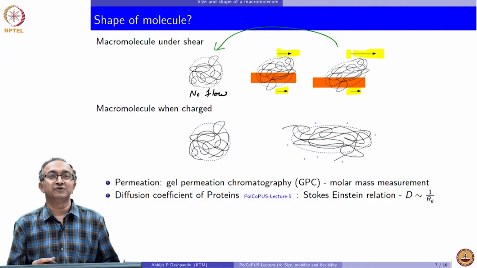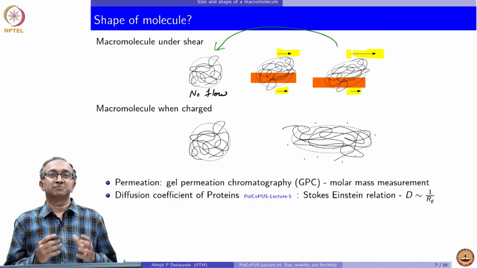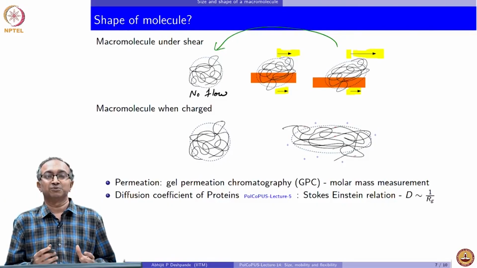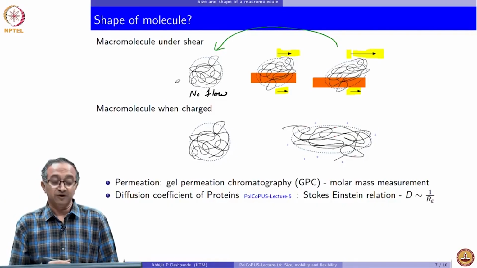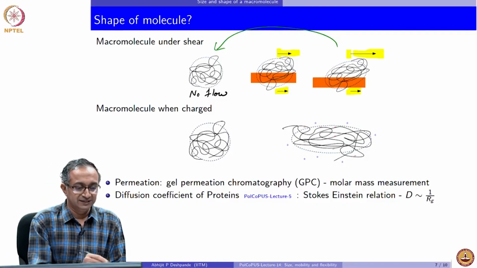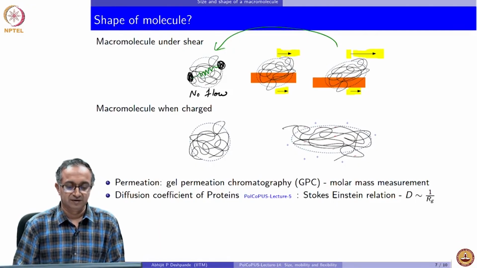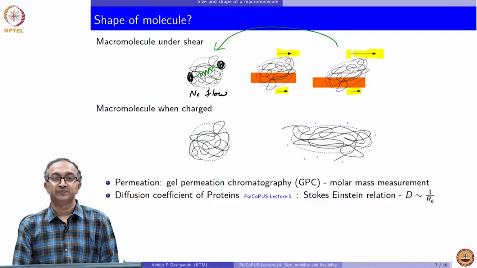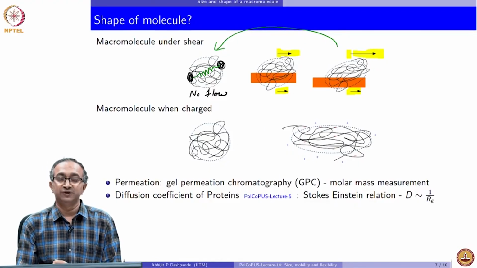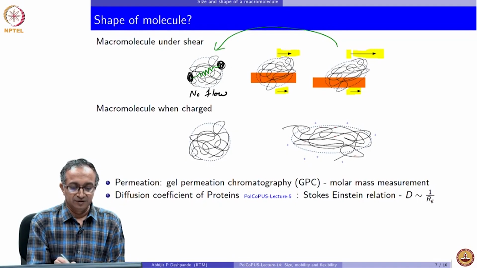So let's see how powerful the concept behind a single macromolecular response is. This macromolecule can be visualized as if it is a spring kind of an object. What happens when you put it under flow?